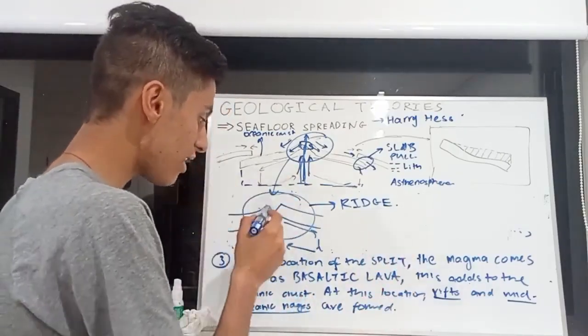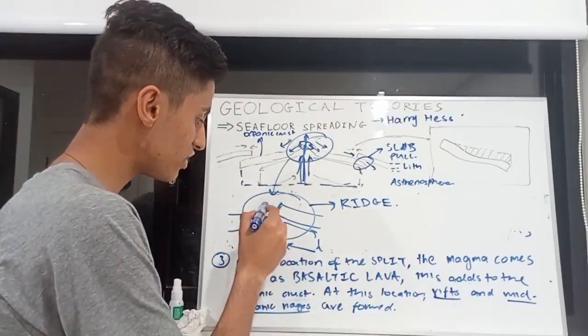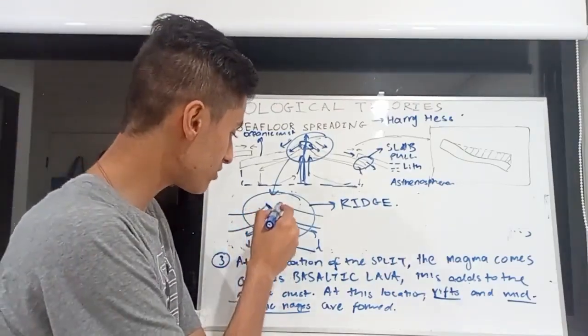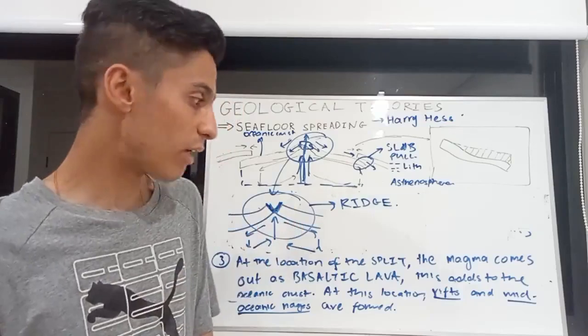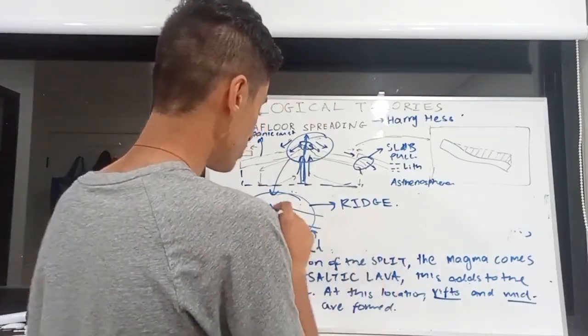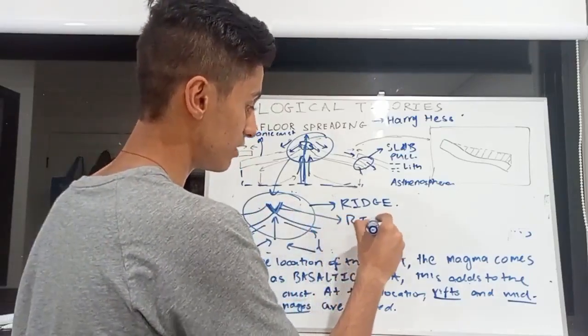Now, another thing they found is that on top of these ridges, there were these small valleys, these V-shaped depressions. They mapped these V-shaped depressions out into something called the Great Rift Valley. So this V-shape, specifically, is a rift.